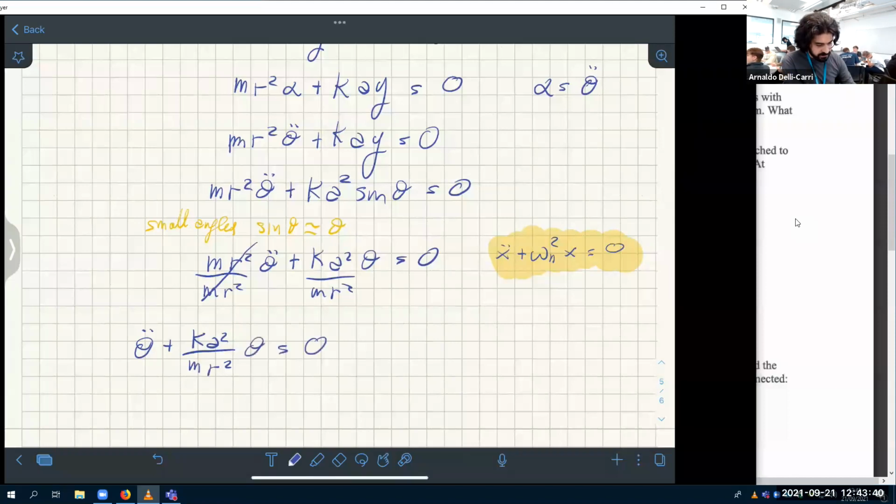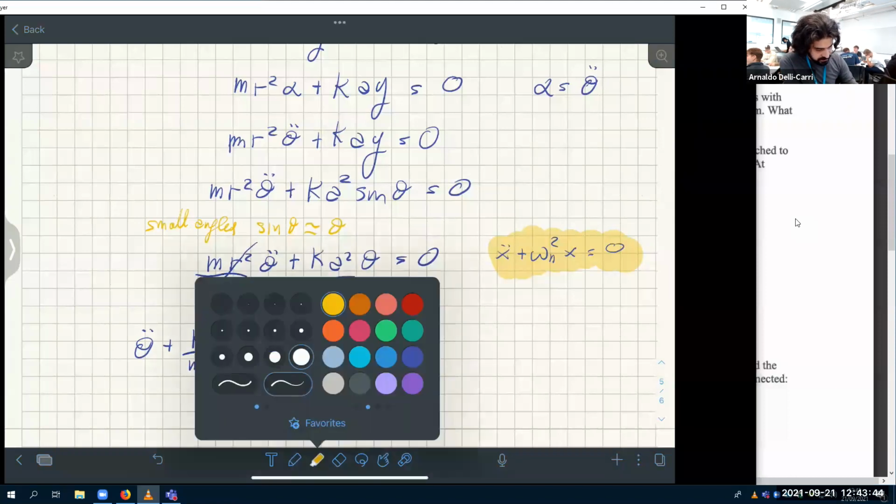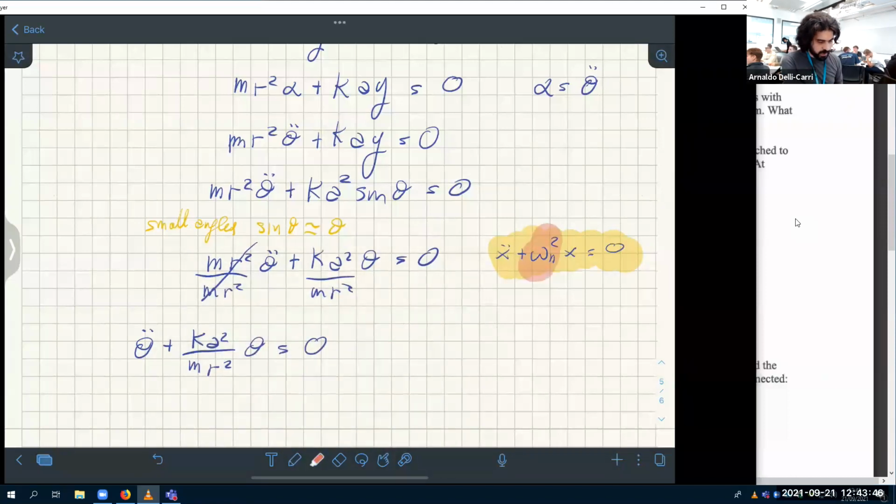And look at this. This is omega n squared, and this is omega n squared. All right? So since now these look exactly the same, we just changed the symbol. Instead of x, we used theta, but it's the same thing.